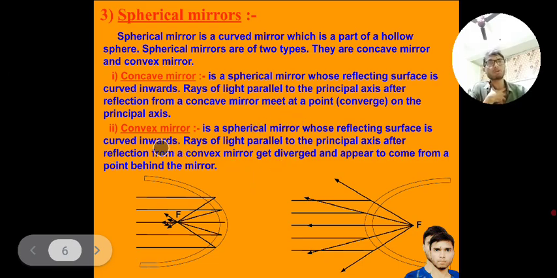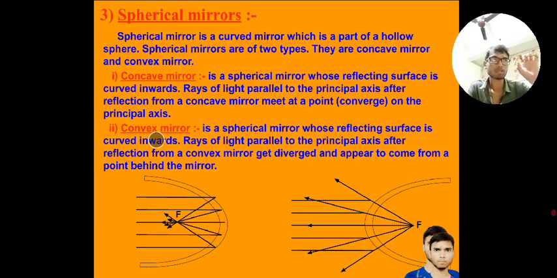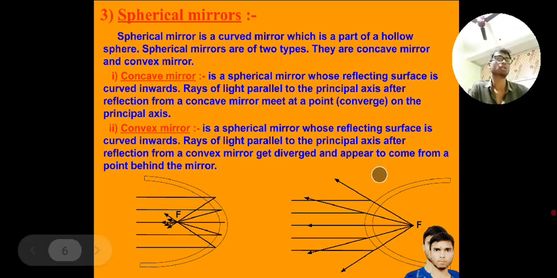Next we have the convex mirror. From vex you can remember it. Vex means outward surface. The outward surface would be considered the reflecting surface. This is the outward surface, and this is the inward surface.